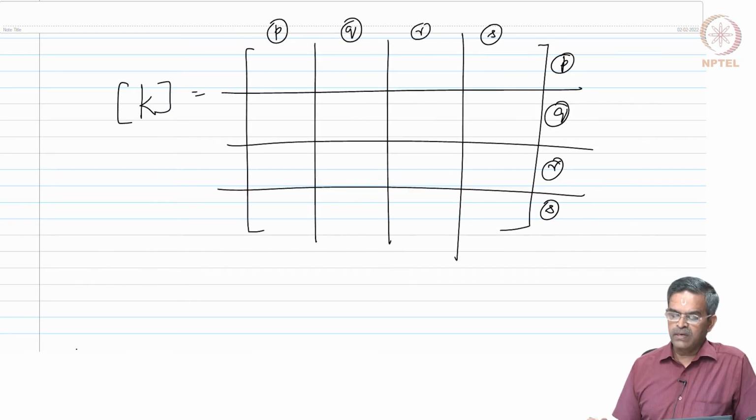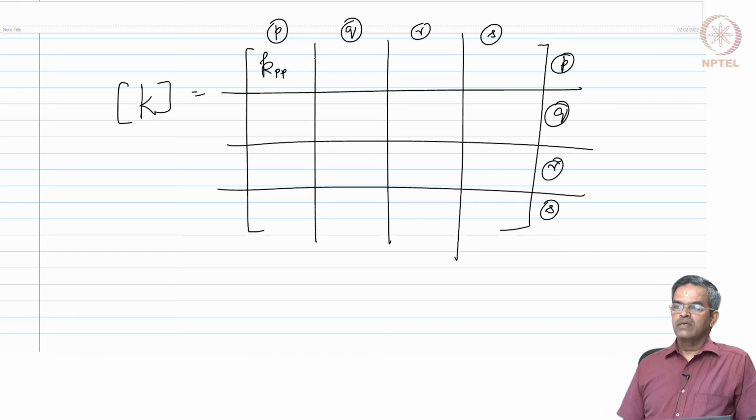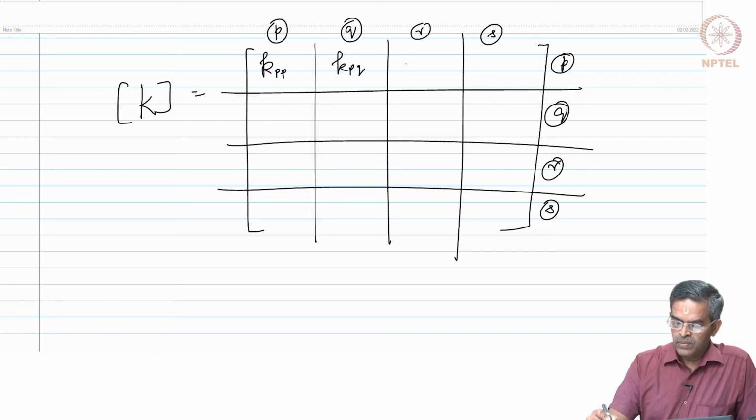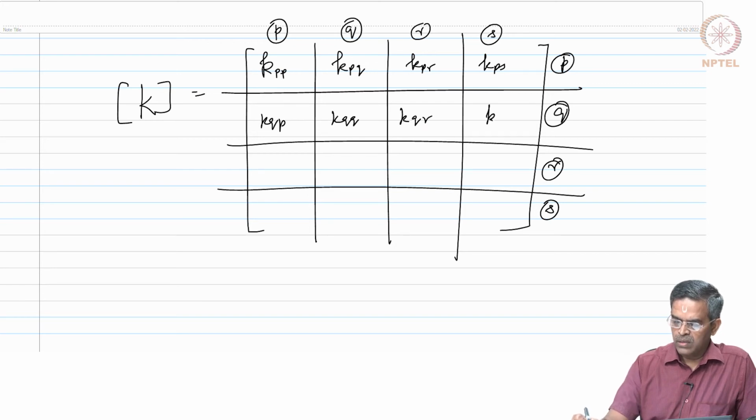So, we have written this order here and we know this is going to be KPP. K represents the element of this matrix: KPQ, KPR, KPS, KQP, KQQ, KQR, KQS, KRP, KRQ, KRR, KRS, KSP, KSQ, KSR, KSS.